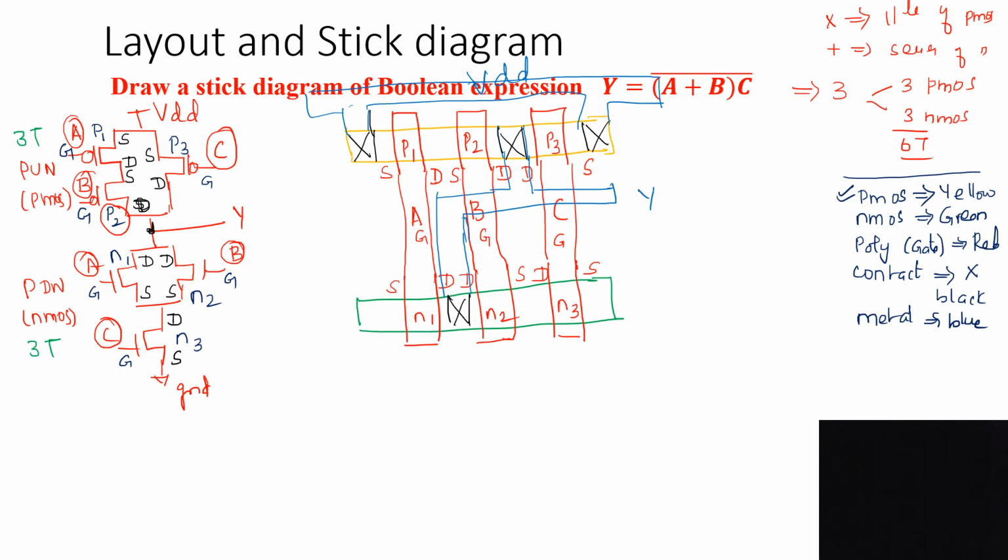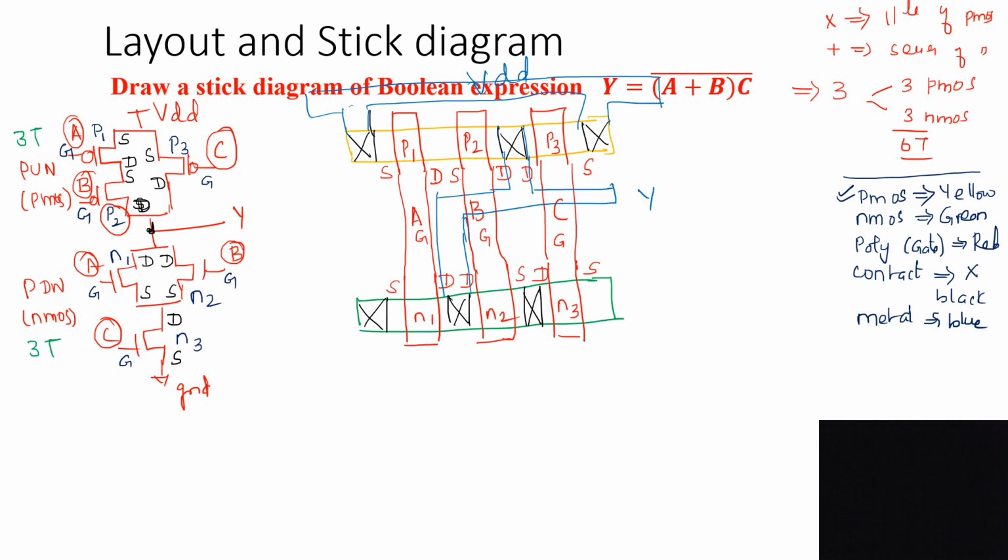Okay, then you can see the source of N1, source of N2 must be connected to N3 drain. Okay, so we have to take the contact again. N1 source is connected to N2 source as well as N3 drain, right?